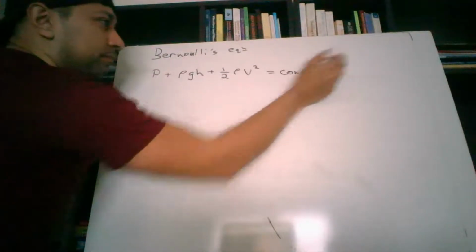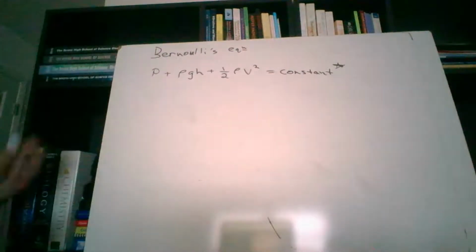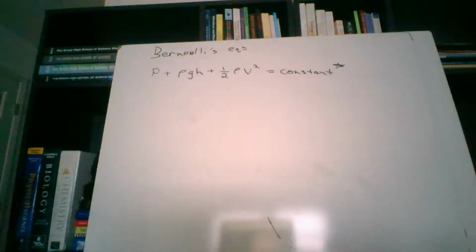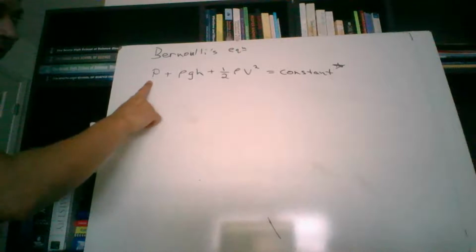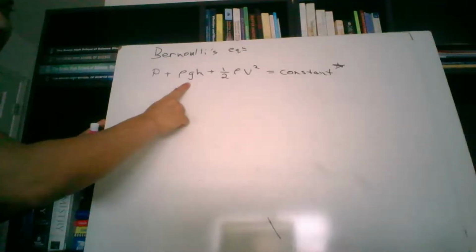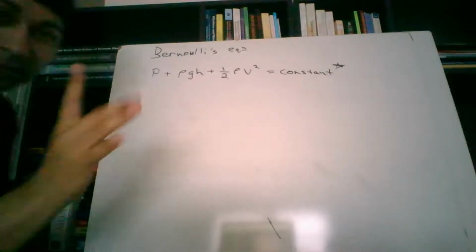Remember this equation right here. So that's Bernoulli's equation. I'll repeat it one more time. It is the pressure in the fluid plus the density times gravity times the height.